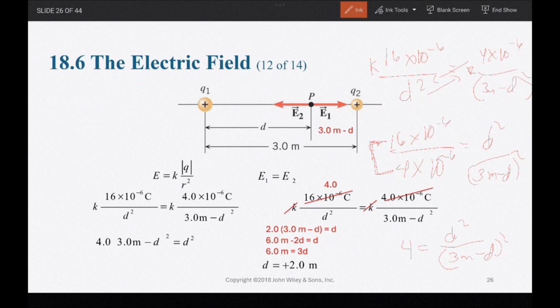And there, you will get cross multiplication. So, from there, let me transfer this here.